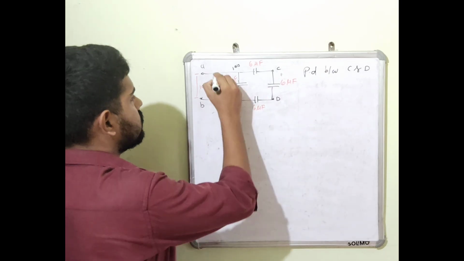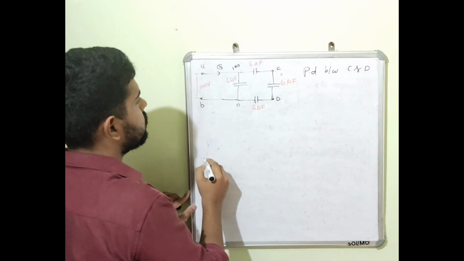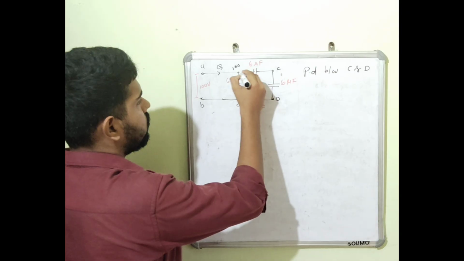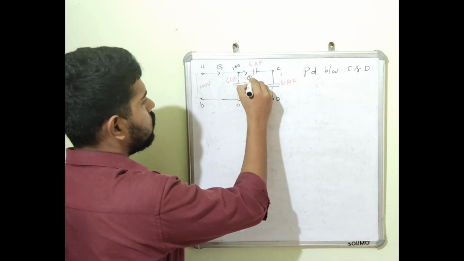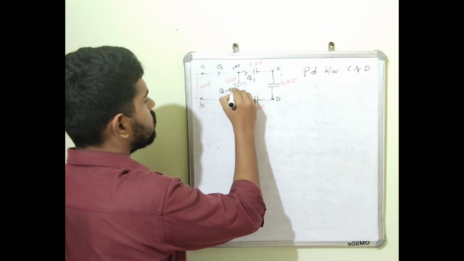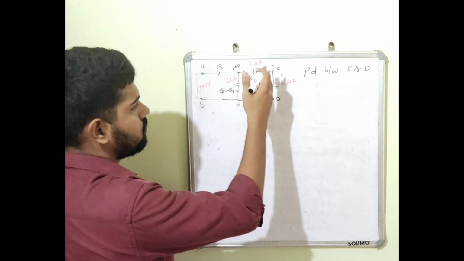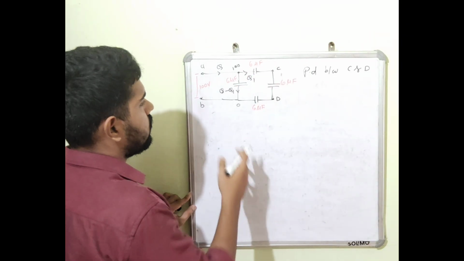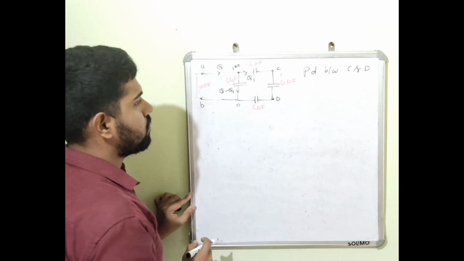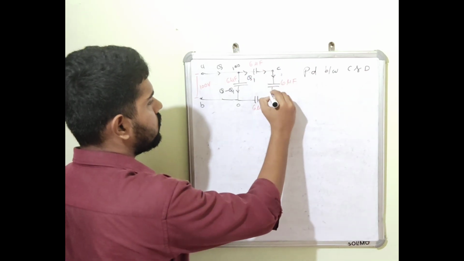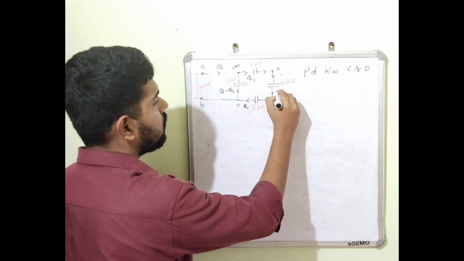Let us take charge Q from here, which will split into Q1 and Q minus Q1, because it's two kind of branches. So this Q1 will move in this direction, all Q1.